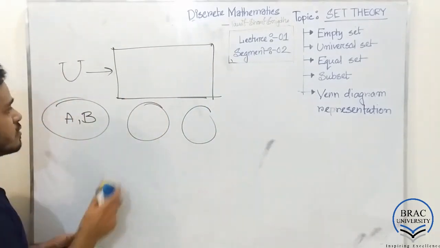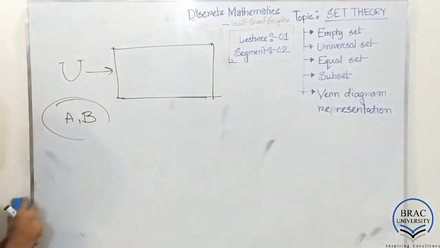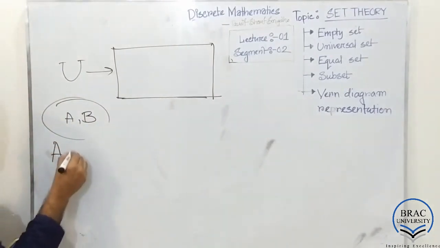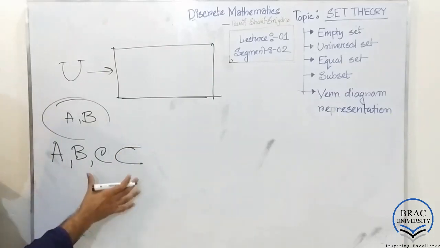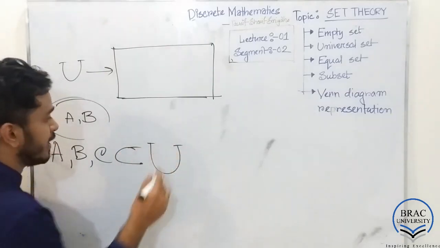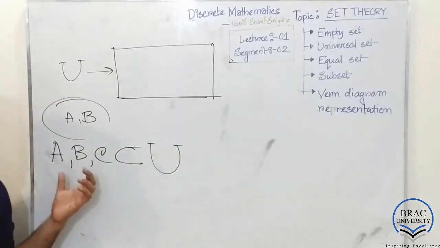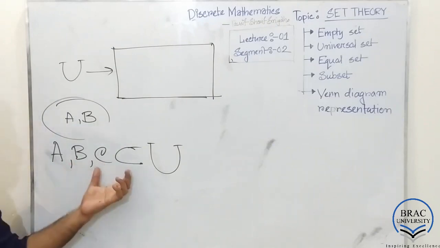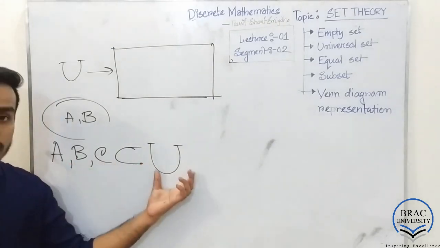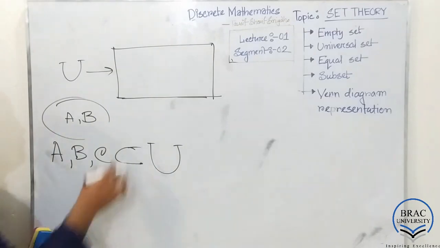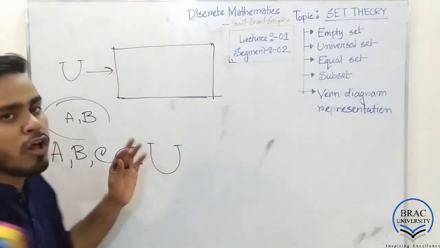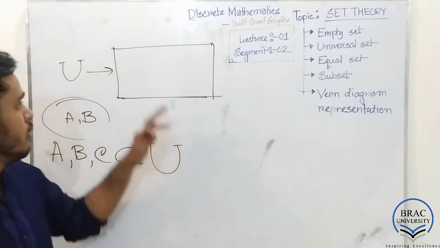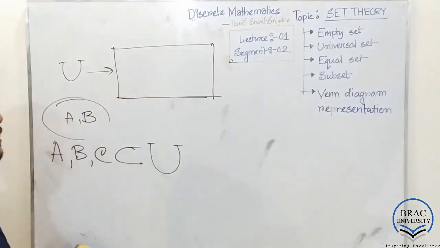No, since we all know that all of the sets under consideration are subsets of U. I repeat, all of the sets under consideration are the subsets of U. So this region refers to all possible elements of the sets under consideration.